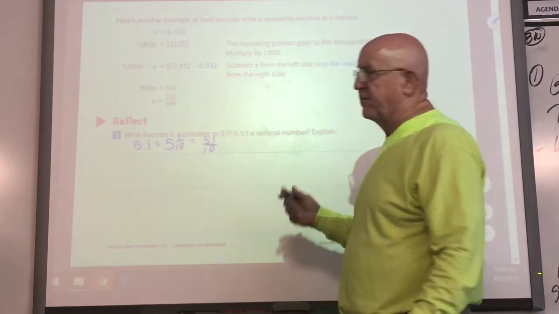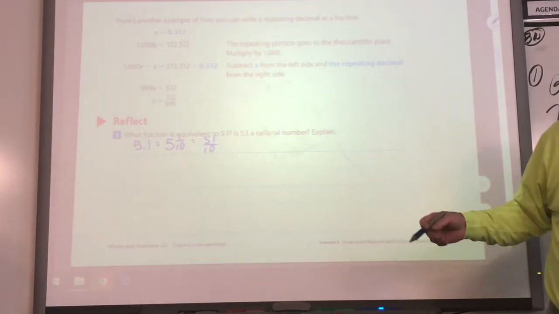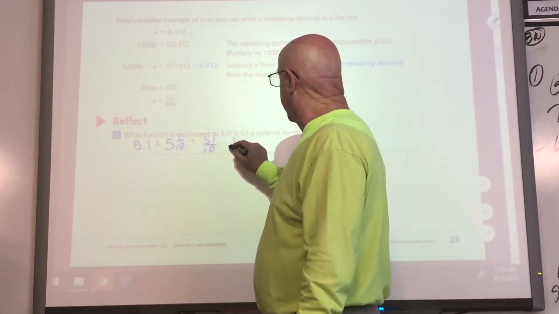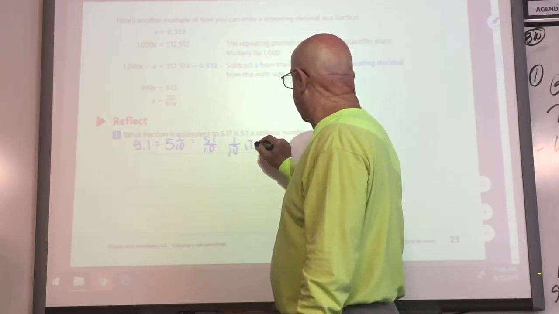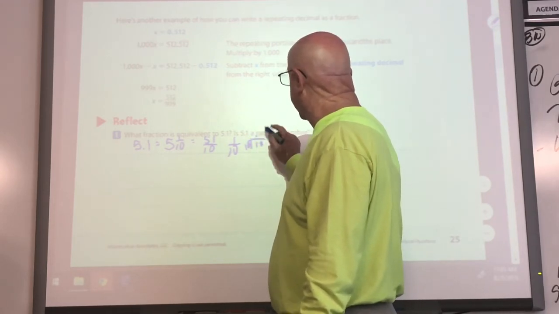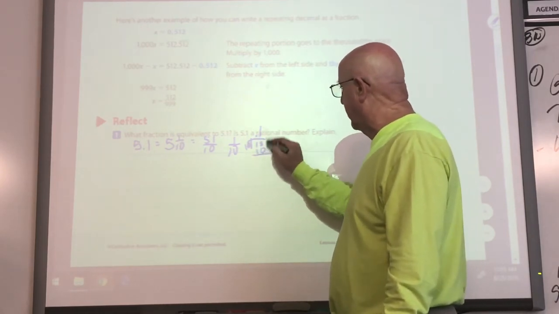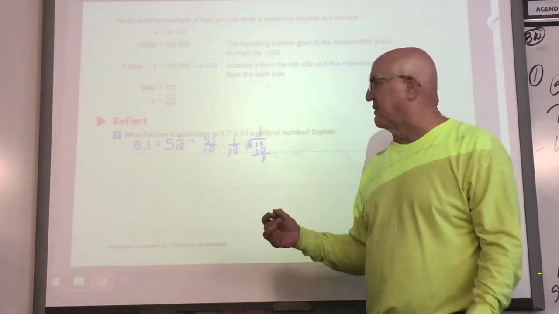So that number is a terminating decimal, right? 1/10 is 1 over 10. You divide that out, 1 divided by 10, and you get 0.1, and it's done, because 1 times 10 is 10, and you get 0. So that is a terminating decimal.